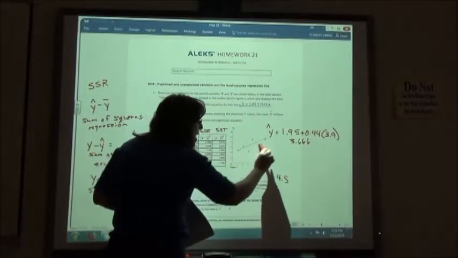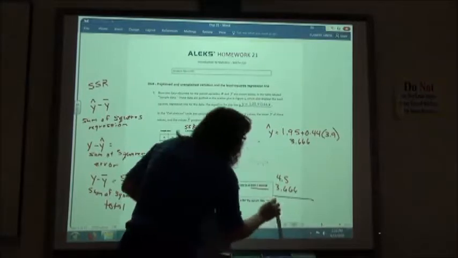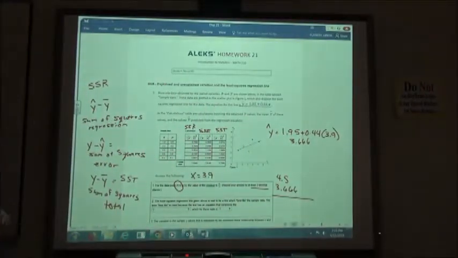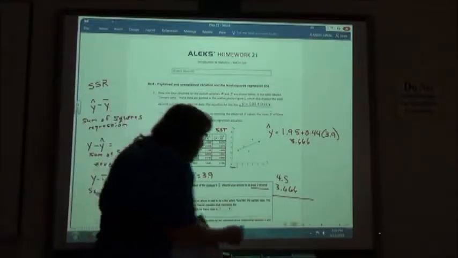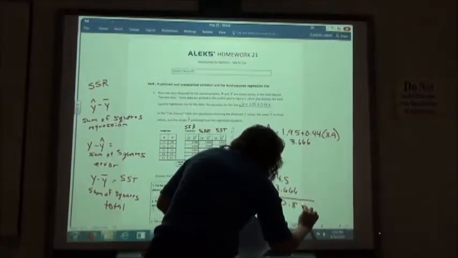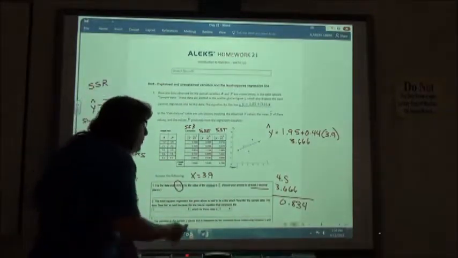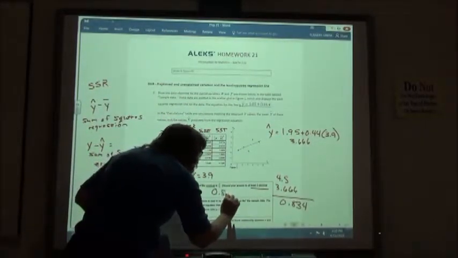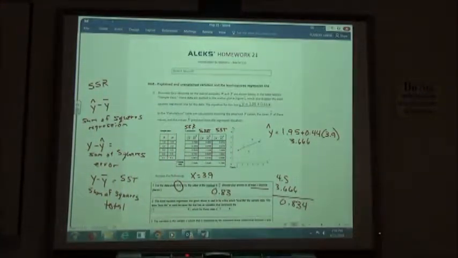On my line of best fit, I had 3.666. I would subtract those two values, and the difference is what your residual value is. So I would get 0.834 when I subtract. Since I'm rounding to two decimal places, 0.83 would be my residual value between those 2 points.